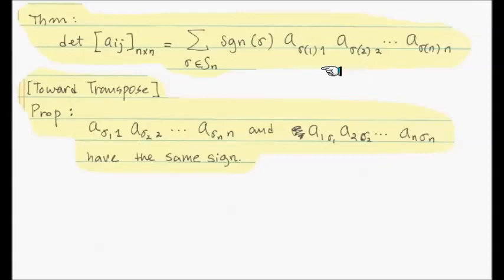I abbreviated the notation sigma(1) and sigma(2) with subscripts, so that there are not too many parentheses around. This is an exact copy of what you see in the permutation definition. But on the right-hand side, these two indices are swapped: 1 appears first and sigma(1) appears later, and in the last one, n appears first and sigma(n) appears later.